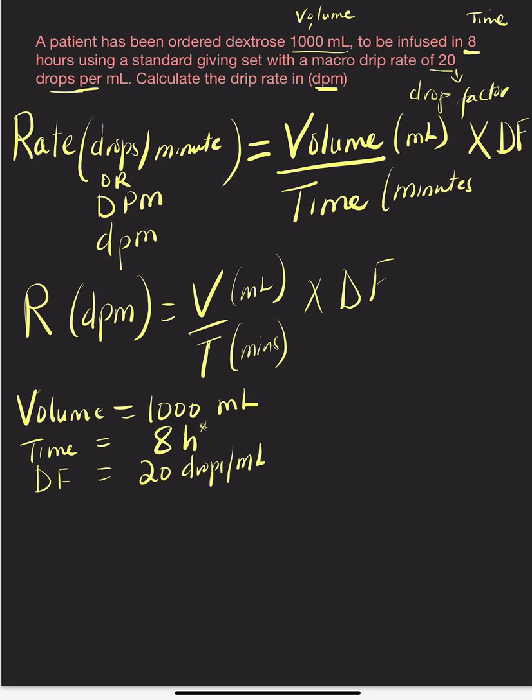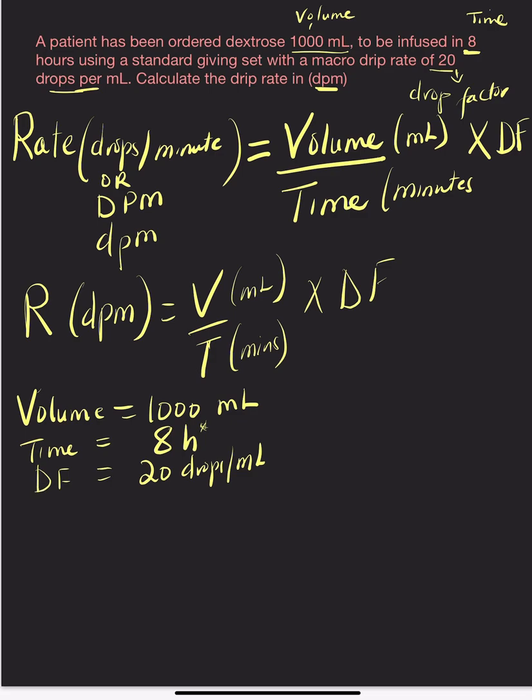So if I feed all this information into this formula, I should be able to finish this. The volume will go there, the time should come here, and this needs to be in minutes, by the way. Then your drop factor should come there, and you should be able to calculate this and get your answer.